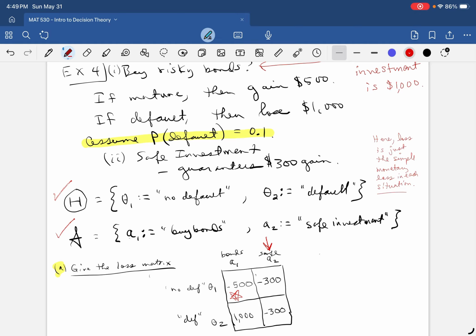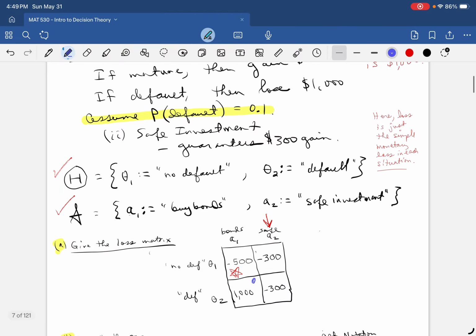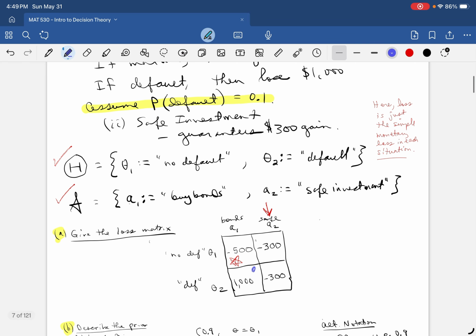And then, so hopefully you can sort of see the validity of that loss matrix now, because the only other option we need to consider is this option here. And this would be the case where the investor purchased the risky bonds and they defaulted. And so in that case, the person really would suffer a loss, and that loss would be $1,000. So that's the loss matrix.